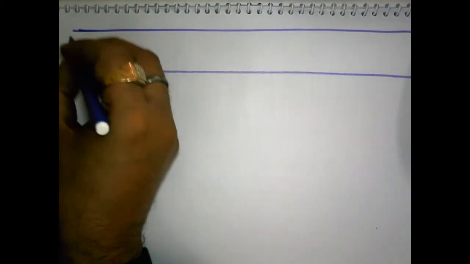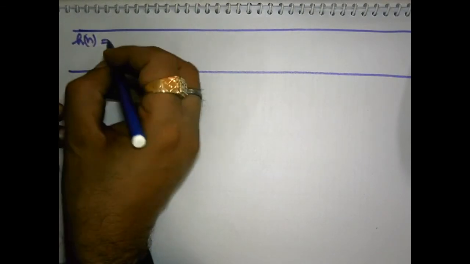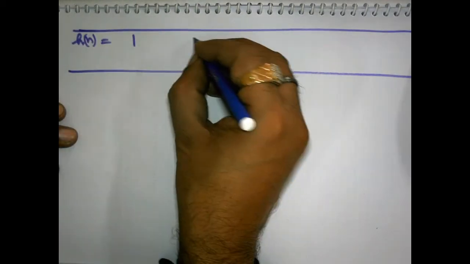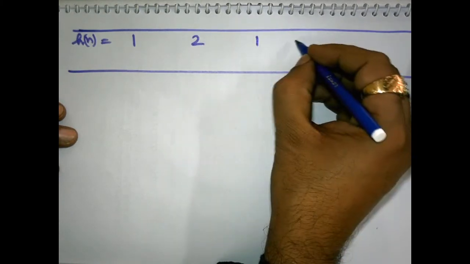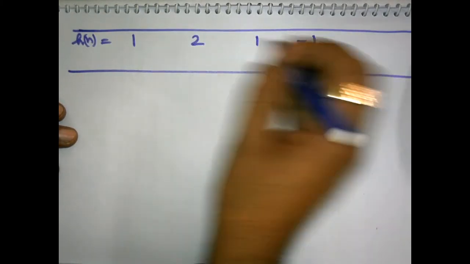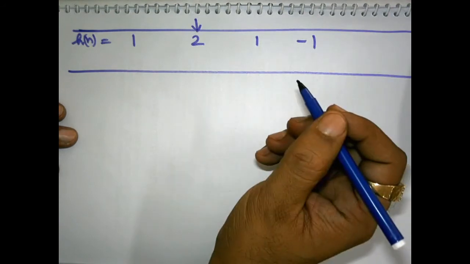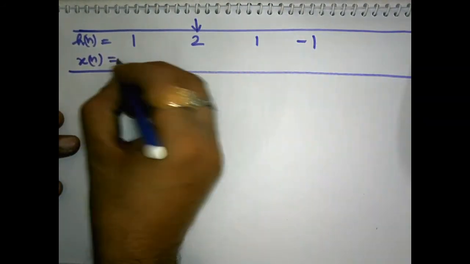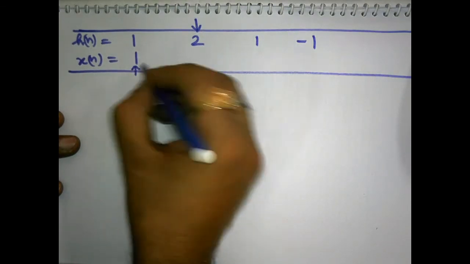Let us take another last example to solve. This is the first example that we picked while solving convolution. Suppose Hn is given to you like 1, 2, 1 and minus 1 with the origin at this point, and Xn is given to you as 1, 2, 3 and 1, where the first 1 is the origin.